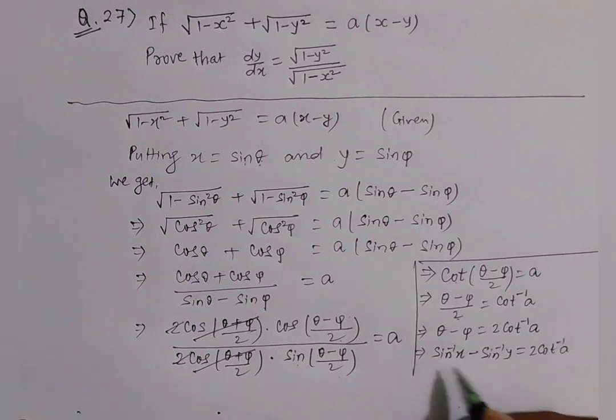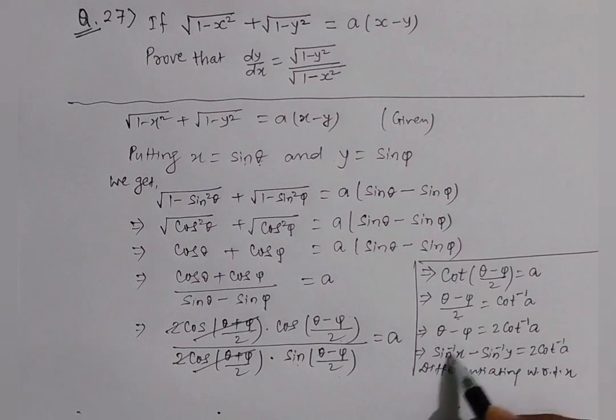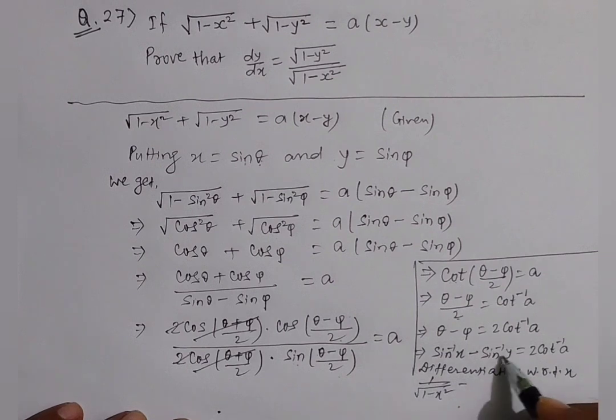Now differentiating with respect to x. If you differentiate it with respect to x, what we get? Differentiation of sin inverse x is 1 by root 1 minus x square, and differentiation of sin inverse y is 1 by root 1 minus y square, but as we are differentiating y here, so we will write into dy by dx, and this is constant, so differentiation of constant is 0.